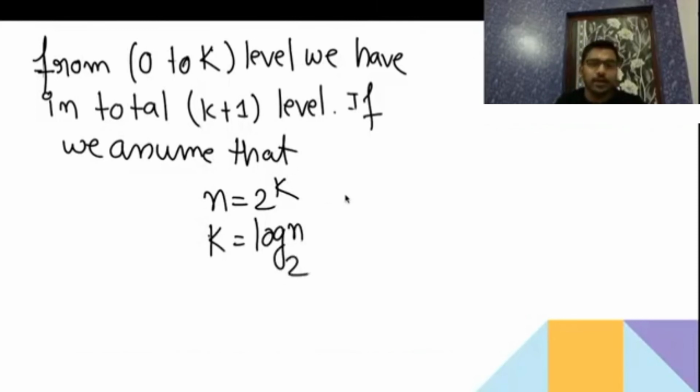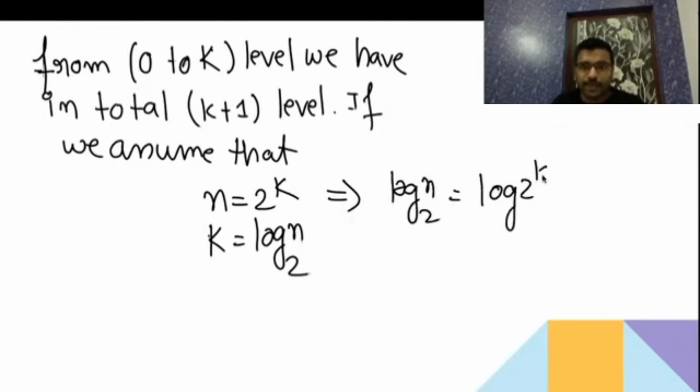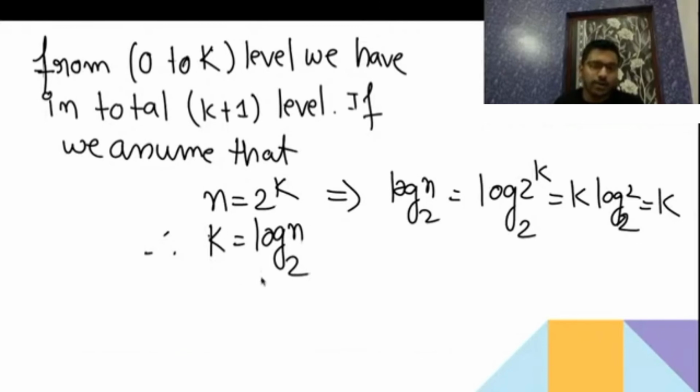If you take log on both sides, it is going to be log n base 2 equals log 2 to the power k base 2. The power comes in the beginning, so it's k log 2 base 2, same base, same number, it is 1, so k is log n base 2.